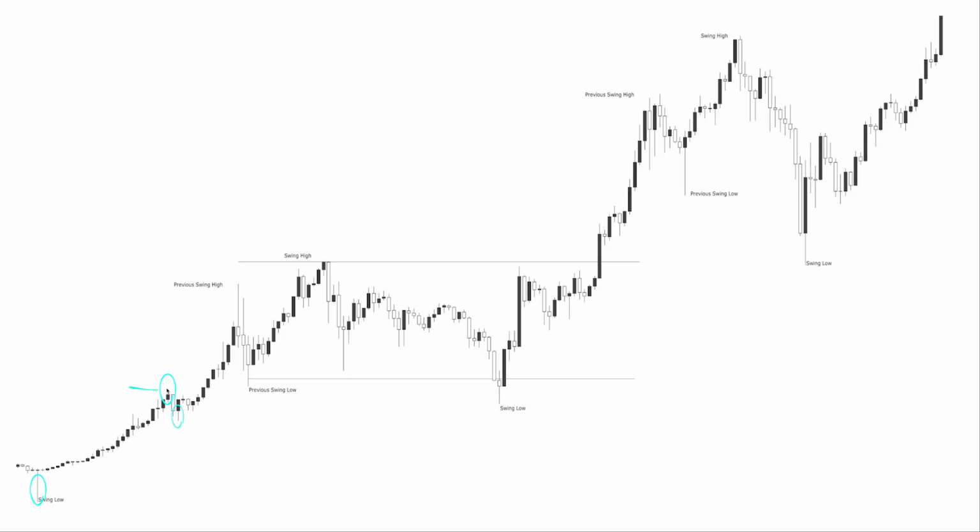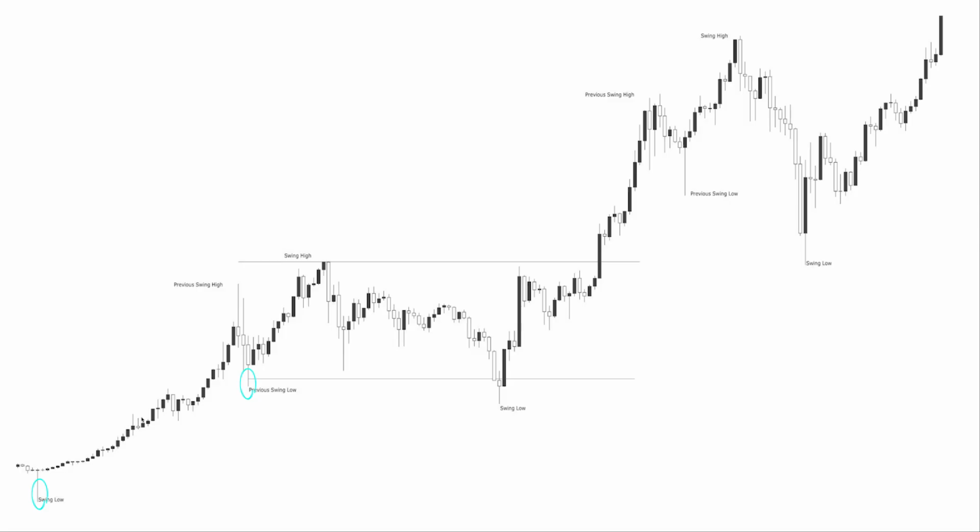Price broke above this swing high and goes to a new swing high. Price retraces as it runs into a supply zone and sellers are present. See this wick here, we can know that the buyers ran out of steam. And price retraces to a swing low.